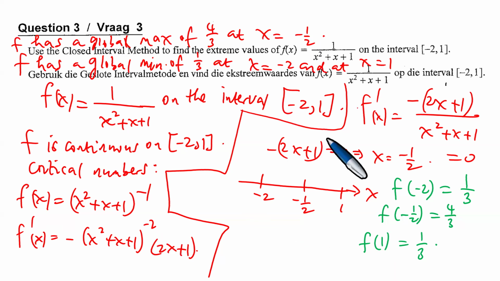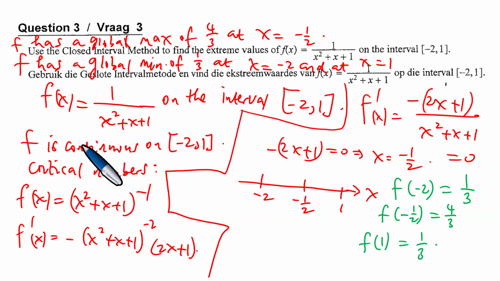Okay, so now you look at this. This is the closed interval because you need to use the closed interval method to find the extreme values of f of x on the interval from -2 to 1. Between -2 and 1, you have the intermediate value, which is -1/2.